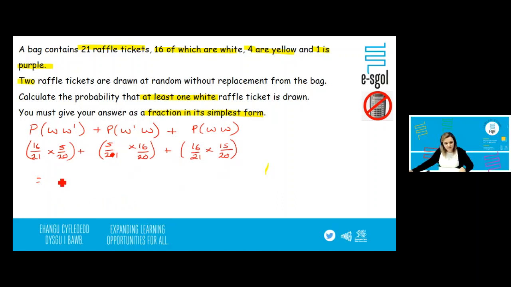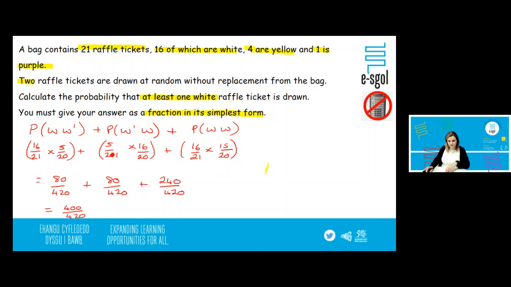So working through that, 80 over 420 and another 80 over 420 and then 240 over 420 there. Okay. And adding them all together, you get 400 as a numerator, 420 as your denominator.